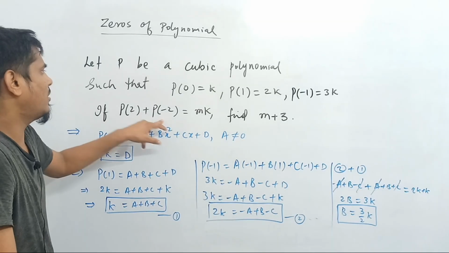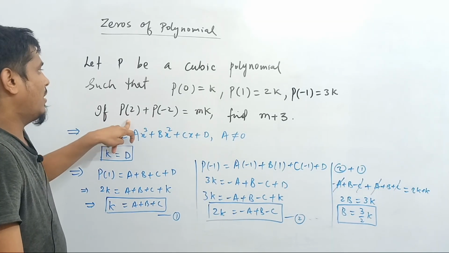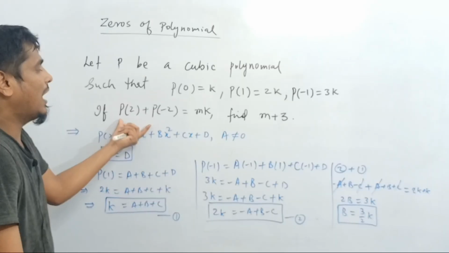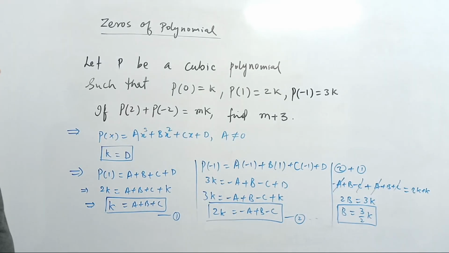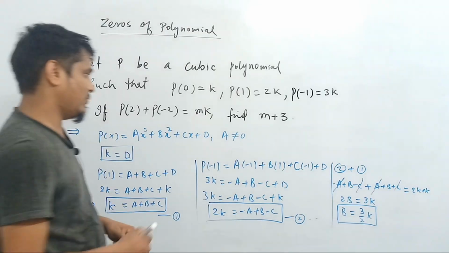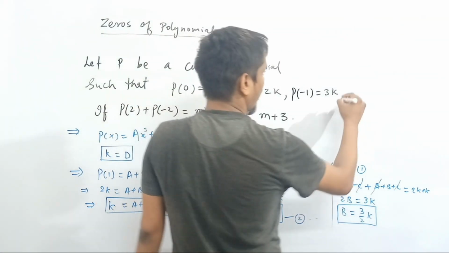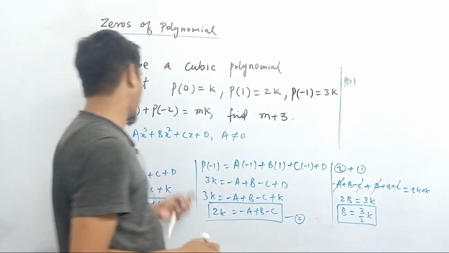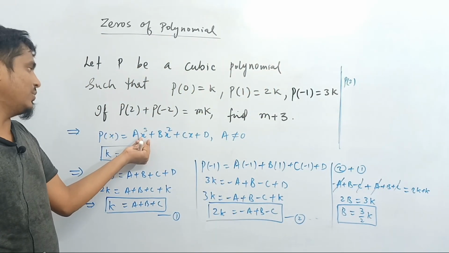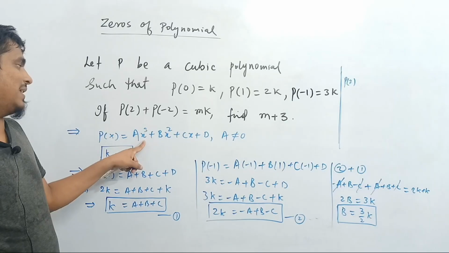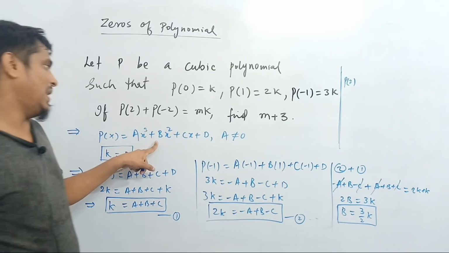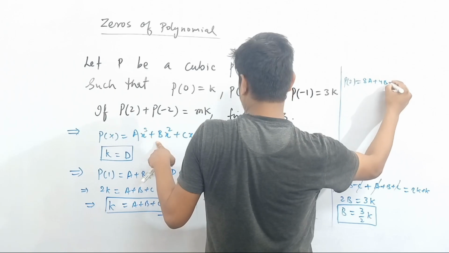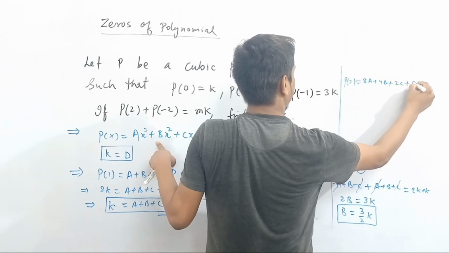We are given one more condition, p2 plus p minus 2 is equal to mk. So try to evaluate this and then simplify, and we'll get the result. Okay, so p2 means in place of x we have to substitute 2, so 2 power 3 means 8a, 2 power 2 means 4b, so this is equal to 8a plus 4b plus 2c plus d, right?